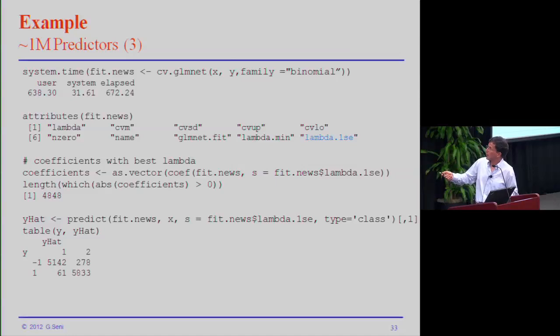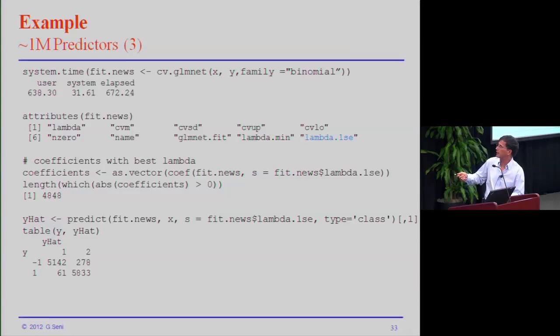In the call for CV-GLM-net, this is what surprised me. This one took 10 times 60, which is what I was expecting on the first run. So just 10 minutes. I don't know what's different, except that I upgraded my version of R in the last week.